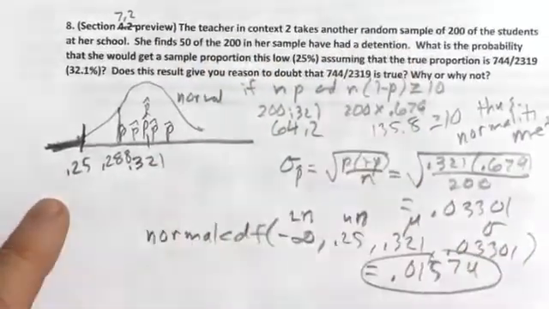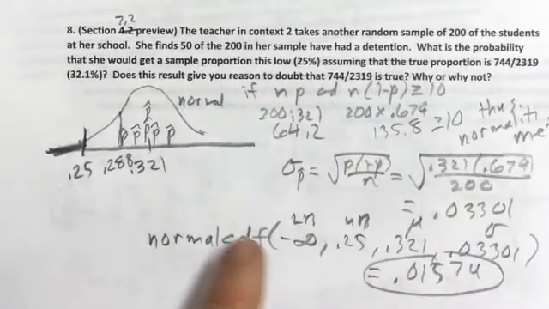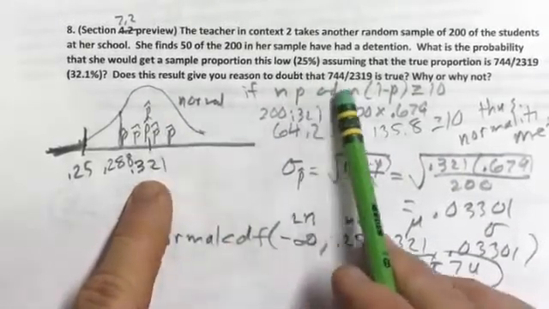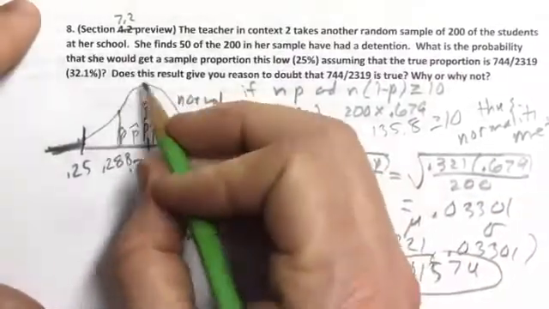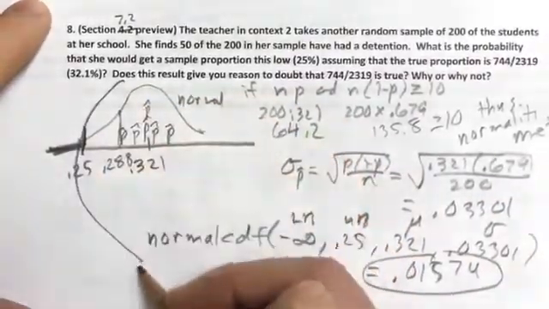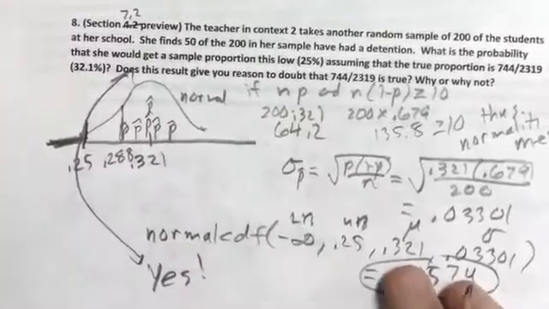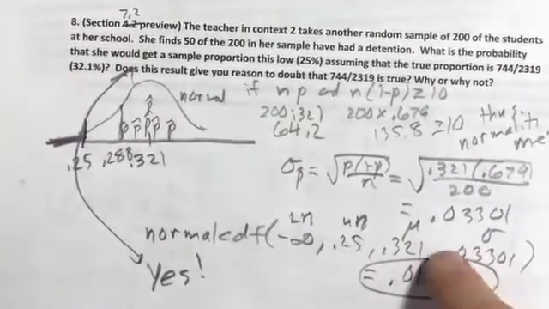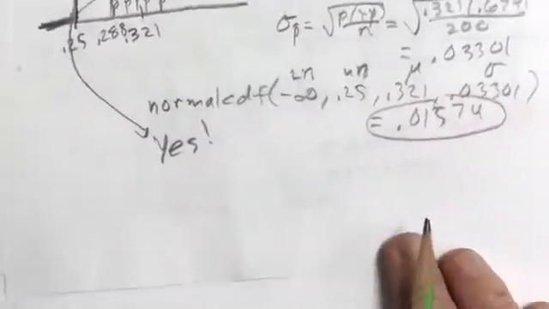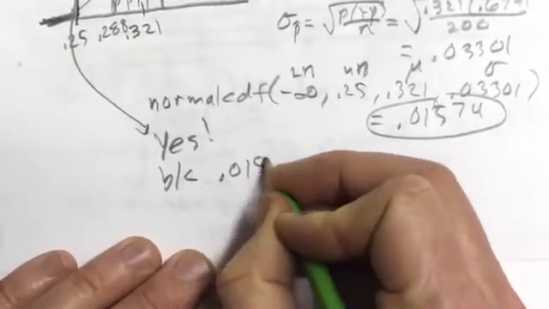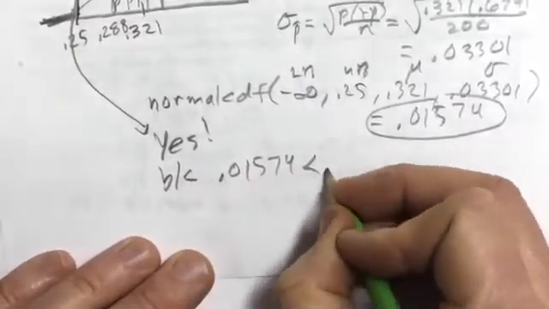So why is it this different? What we would say is this gives us reason to doubt the 32.1 figure. It says, does this give you reason to doubt? And so we would say yes. And why? Because 0.01574 is less than 0.05.